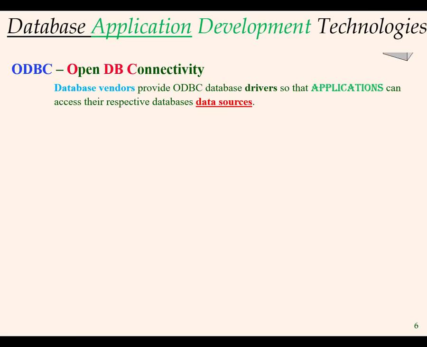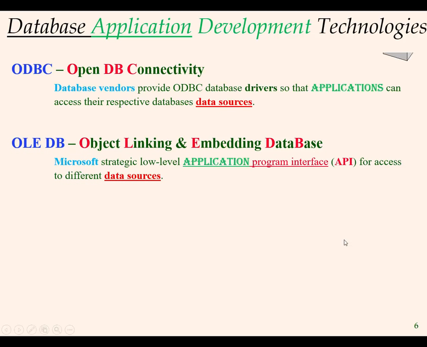These are some technologies that are used to access data sources, like ODBC. Various vendors have provided drivers that allow applications to access their respective databases. Of course, you deal with versions and software changes. OLEDB, object linking and embedding database, is another technology, an API used by Microsoft.